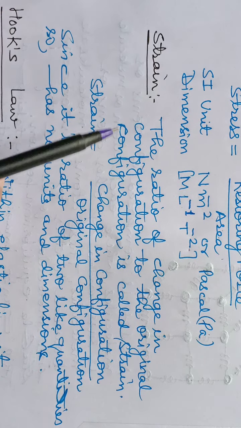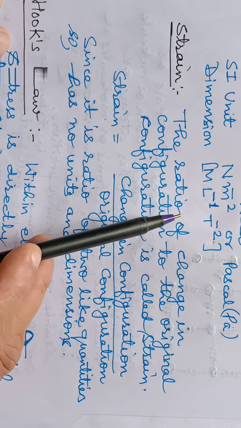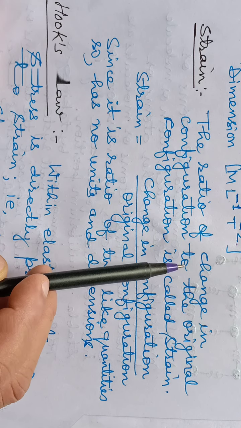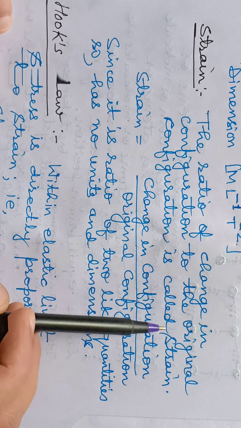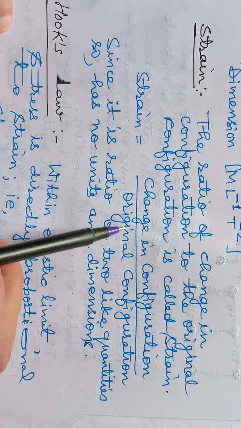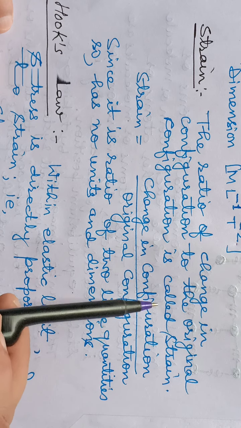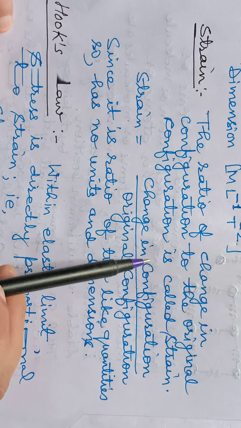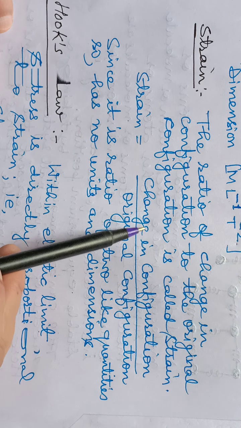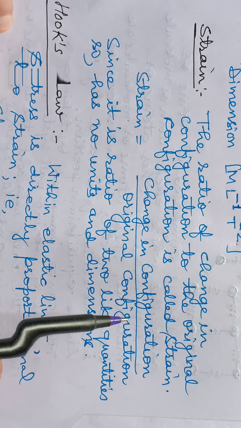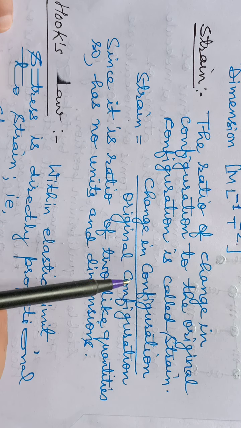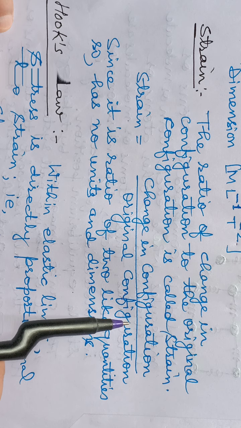Next concept is strain. The ratio of change in configuration to the original configuration is called strain. Strain is change in configuration upon original configuration, meaning the same configuration is taken here. If this is change in length, then this is original length. If there is change in area, this is original area of the surface. If this is change in volume, this is original volume of the body.